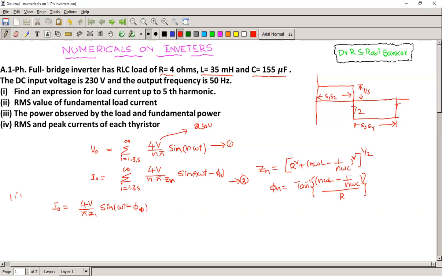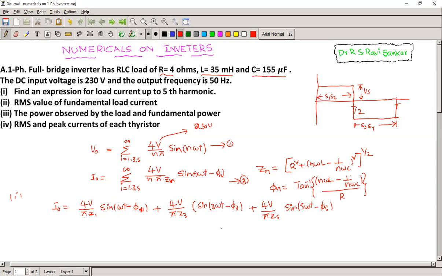For n equal to 1, it becomes the fundamental component, plus 4V by pi Z3 sin of 3 omega t minus phi 3, plus 4V by pi Z5 sin of 5 omega t minus phi 5.